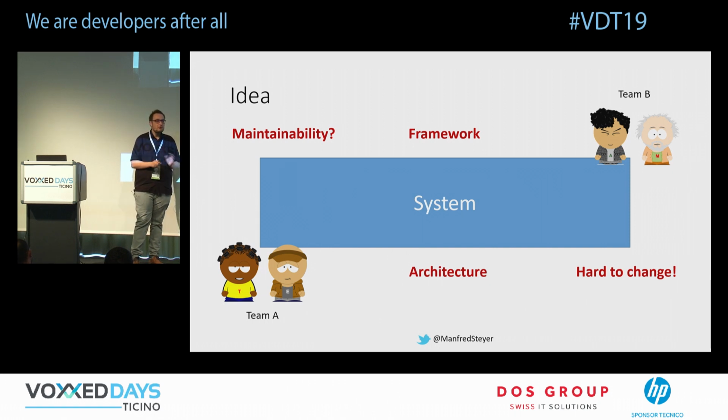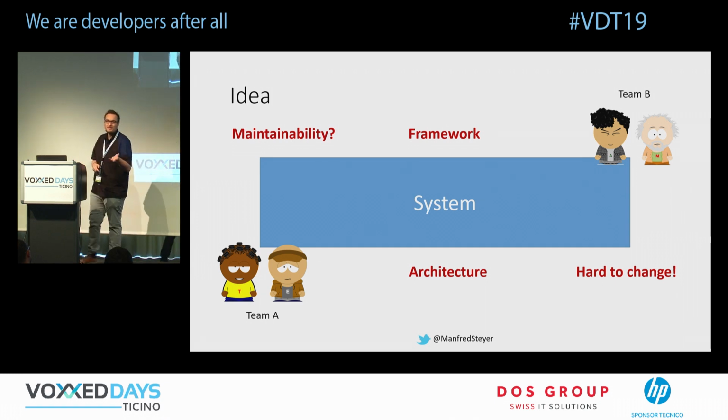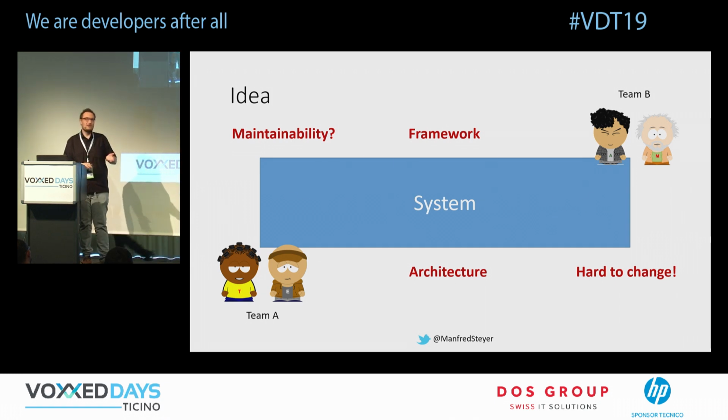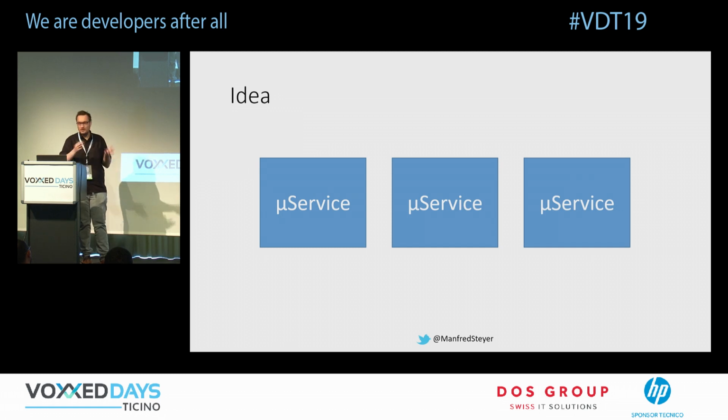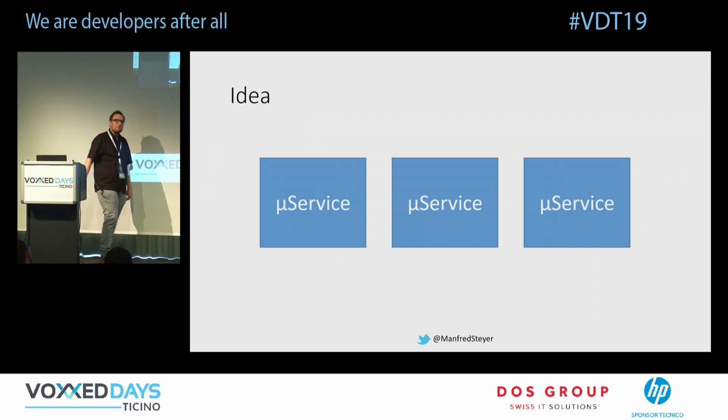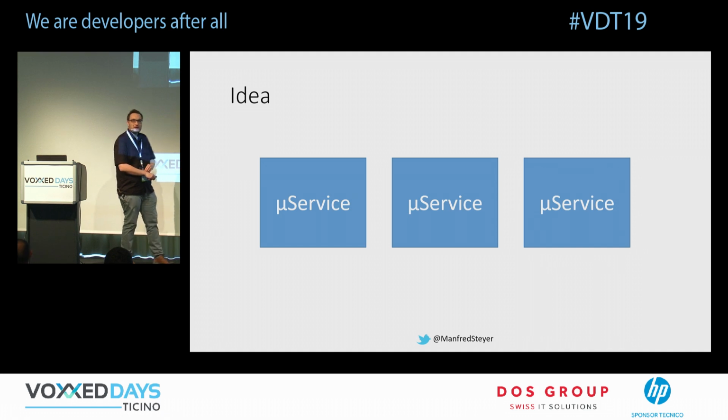But there is a solution for this, and I guess you all know this solution. The idea has been around for about 20 years, and since, let's say, about 5 years, give or take, a lot of people have rediscovered this idea and they are calling it microservices.